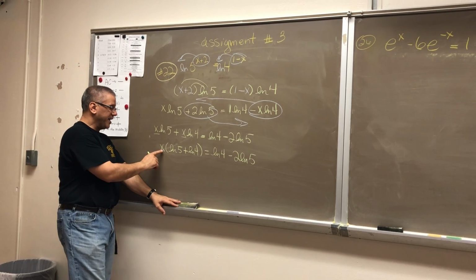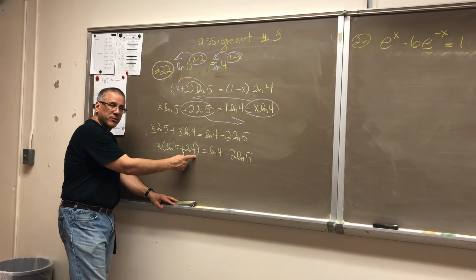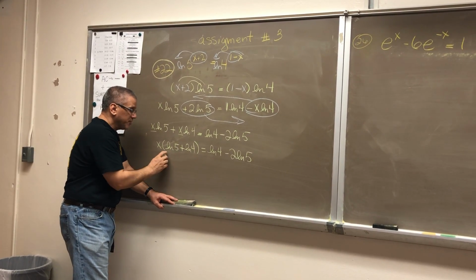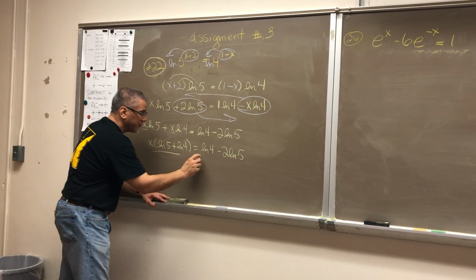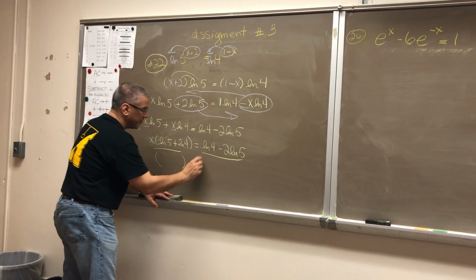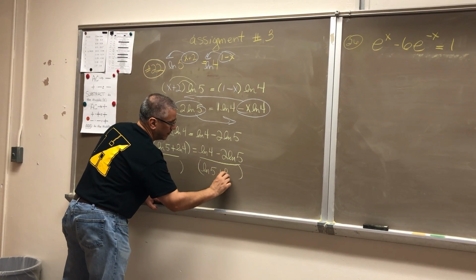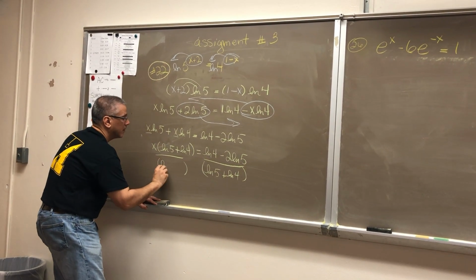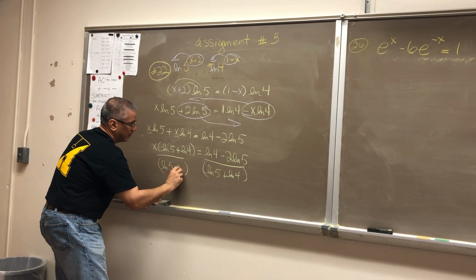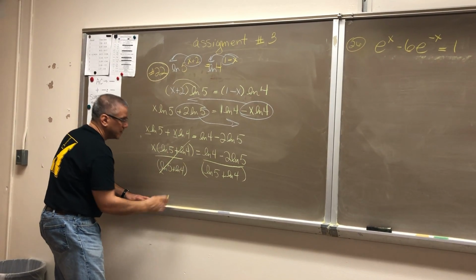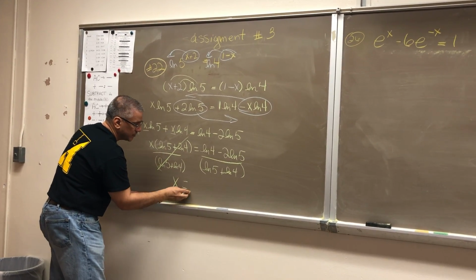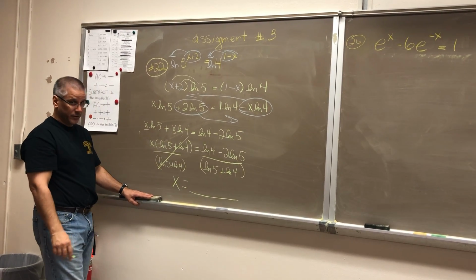So now this is saying x times some big ugly decimal. And so I'm dividing both sides by whatever is inside the parentheses. This cancels. X equals whatever our decimal value is.